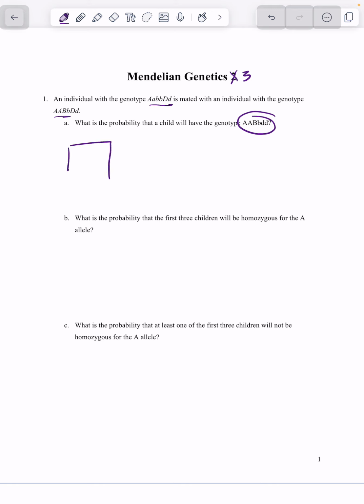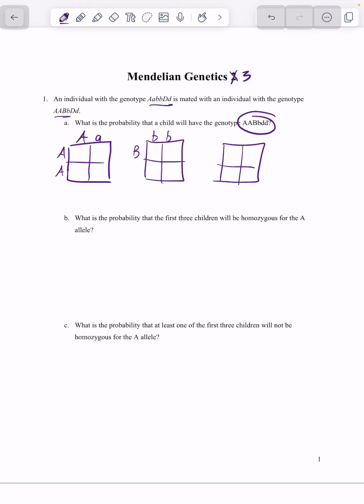So let's set up our three Punnett squares. And we just do our crosses.